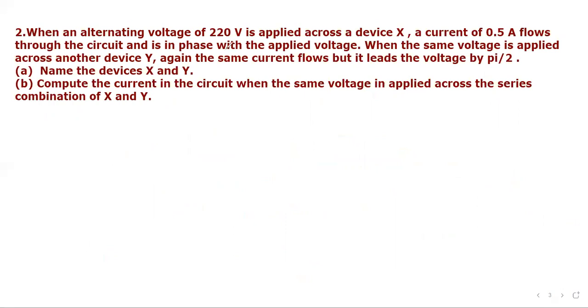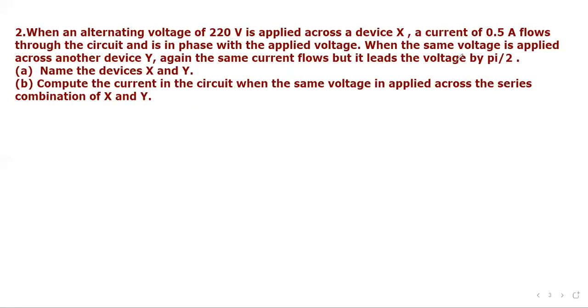When an alternating voltage of 220 volt is applied across device X, a current of 0.5 ampere flows through the circuit and is in phase with the applied voltage. When the same voltage is applied across another device Y, again the same current flows, but it leads the voltage by pi by 2. Name the devices X and Y, and compute the current in the circuit when the same voltage is applied across the series combination of X and Y. Clearly, here current and voltage are in the same phase, it means it is a resistance.